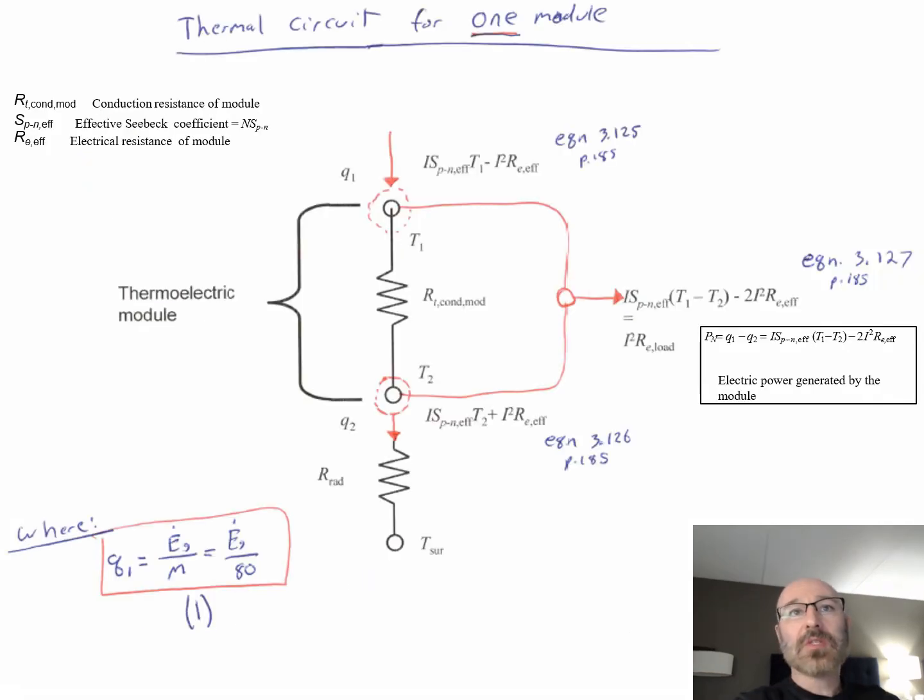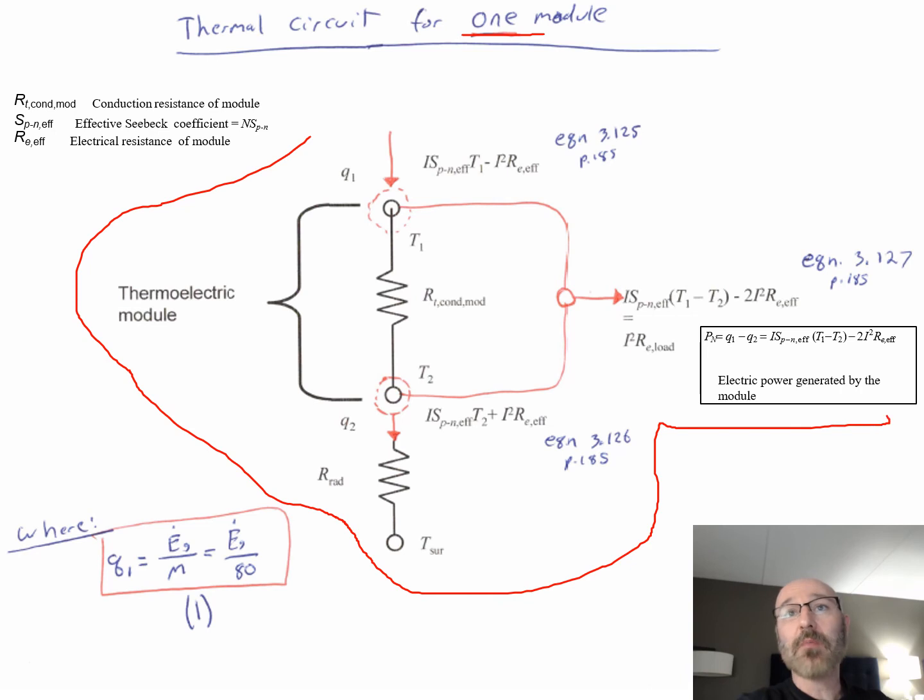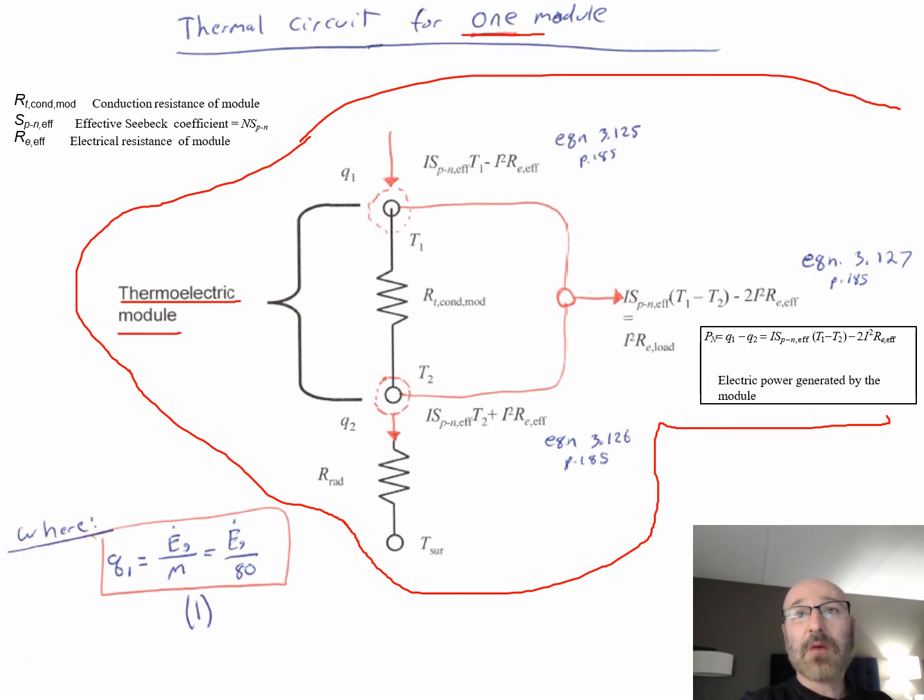Now we want to take a look at our thermal circuit for just one module. That's what we have down below in this diagram, the thermal circuit for this one module. This is our thermoelectric module. Up here we have our Q1. We have our equation for Q1 that we solved for previously, which comes from equation 3.125 in our textbook on page 185, so we can reference back to see the derivation.